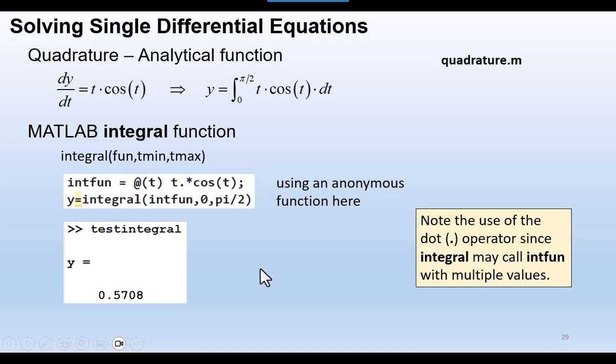And this is, if you're familiar with Python, very similar to what is called a lambda function in Python. And then we integrate that from between 0 and pi over 2, and we get our result of 0.5708. All right, so that is an illustration of that.